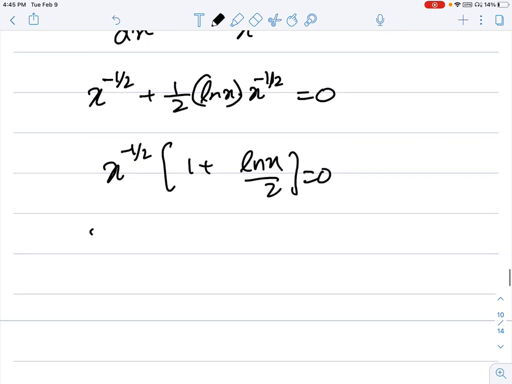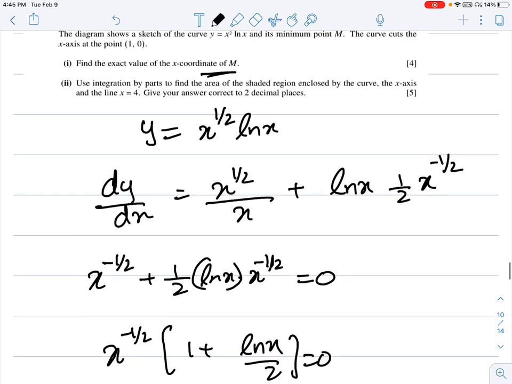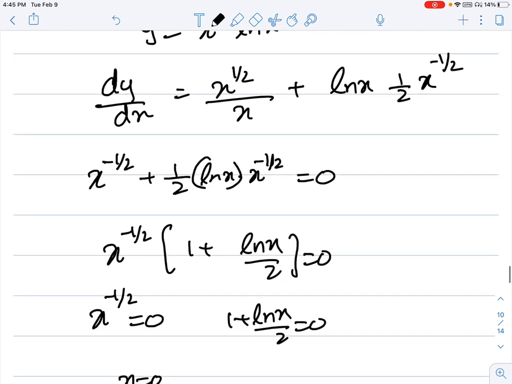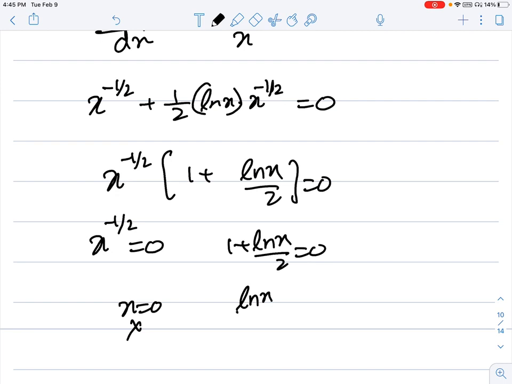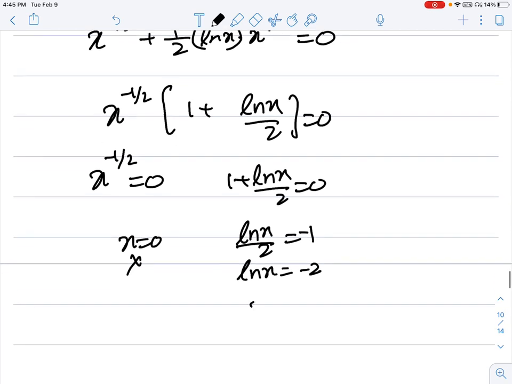So this gives me two answers. x power negative 1 upon 2 is equal to 0, or 1 plus ln x upon 2 is equal to 0. x is equal to 0 is not the value of M, because M is not at the origin. It is after the origin. So ln x upon 2 is equal to minus 1, ln x is equal to minus 2, x is equal to e power minus 2. So this is the x coordinate of M, which is e power minus 2.